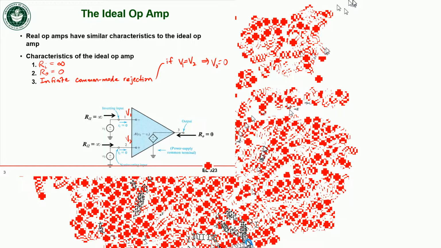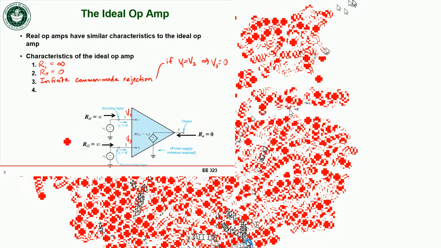It doesn't matter what the voltages are. V1 could be 1 volt, and as long as V2 is also 1 volt, then my output is equal to 0. That's called a common mode signal. Because the output is 0, we're rejecting any signals at the output that are the same at the input. We'll talk a little bit more about this when we talk about non-ideal op-amps.